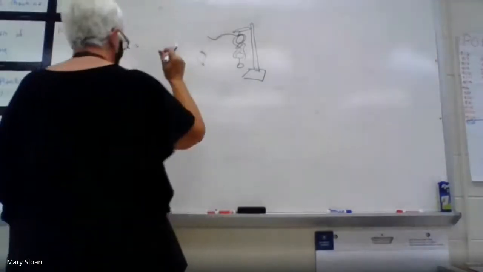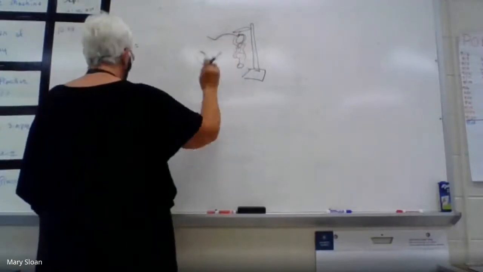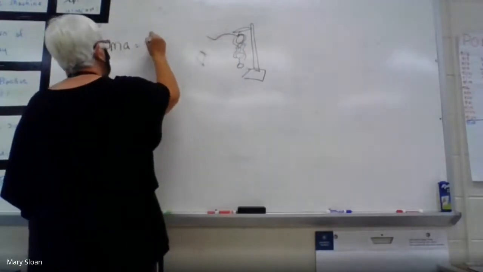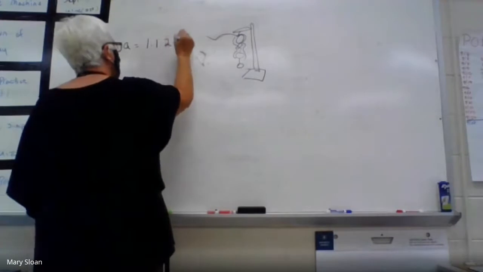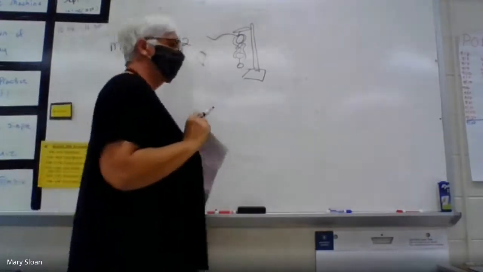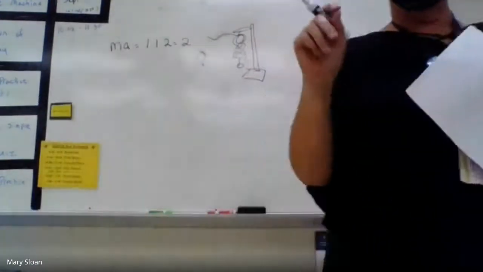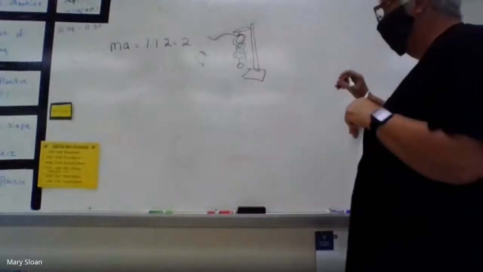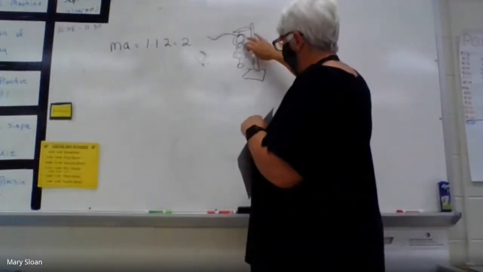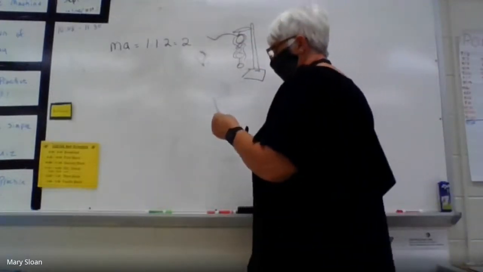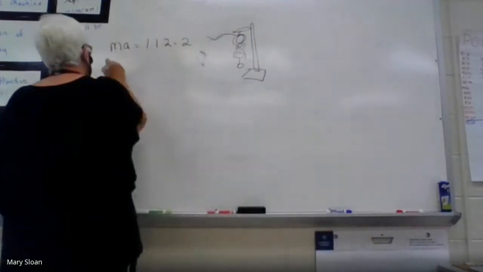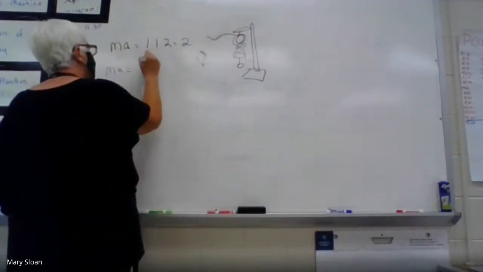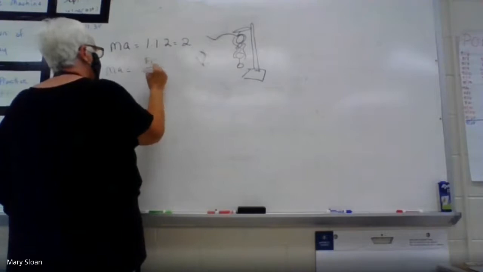So if we're looking at that, we have 3 pulleys, right? 1 times 1 times 2, which equals 2. The reason it's 1 times 1 times 2 is because this one's by itself, this one is attached. So then we're going to say MA equals FR over FE.